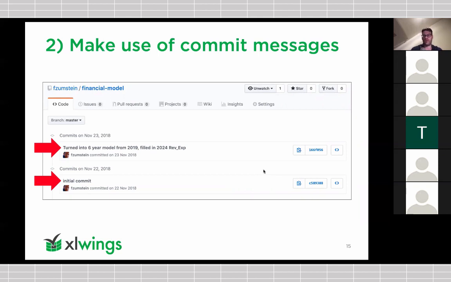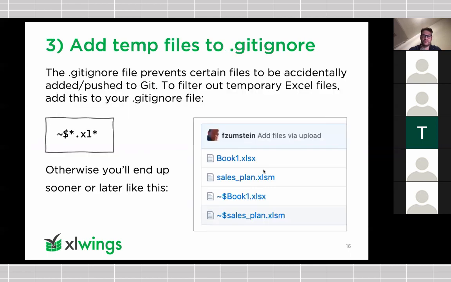That will help you dramatically in finding a faulty commit. Like if for example there is a bug emerging at some point, this will tremendously help you find where that bug could have happened. So that's a really good advice, I believe, to really use a good description of what happened, and you can be really detailed in that regard.